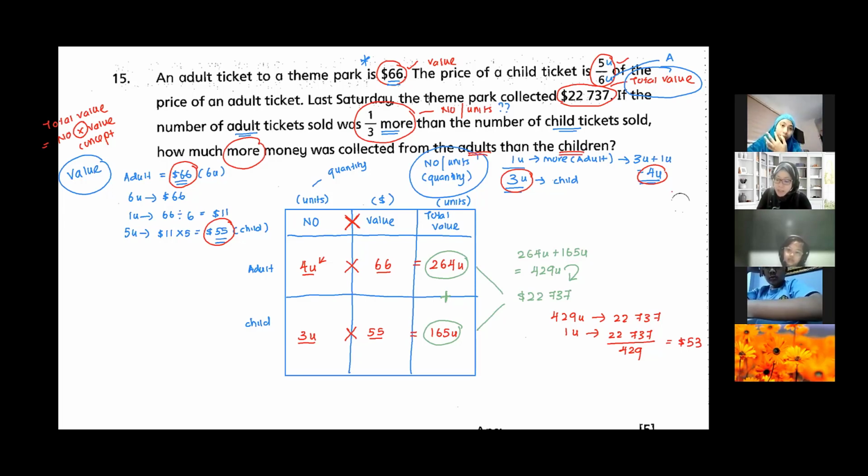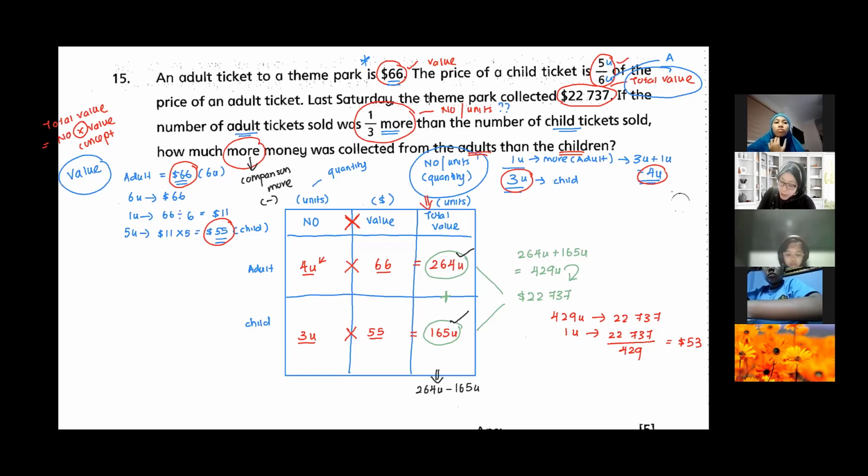Now the question was how much more money was collected from the adults than the children. I want a comparison of the amount of money. So where do I get that? You look at the total value. I need to take my 264 units minus 165 units, because more is a comparison, and comparison more means minus.